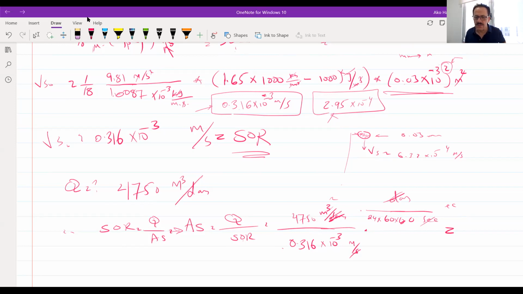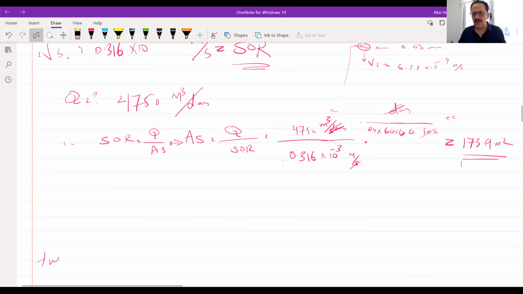So the result becomes 4,750 divided by 24 divided by 3,600 divided by 0.316 times 10 to the power minus 3. So I get the area equal to 173.9 meters square.